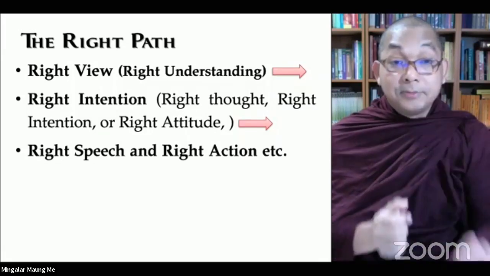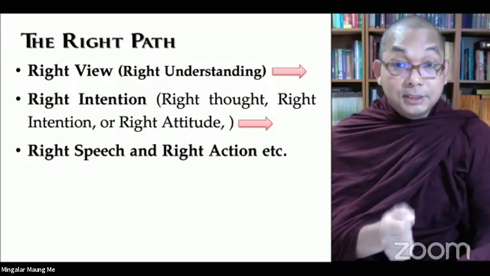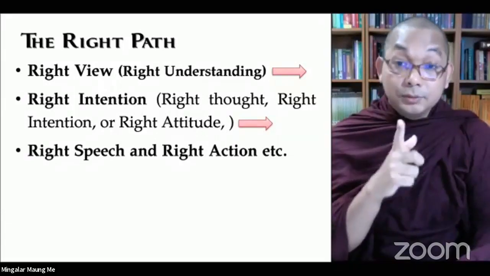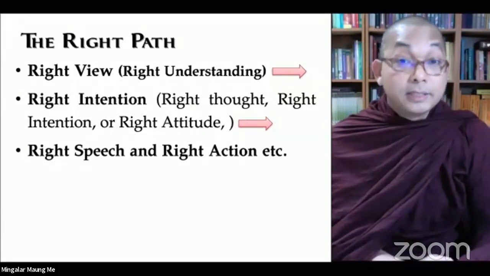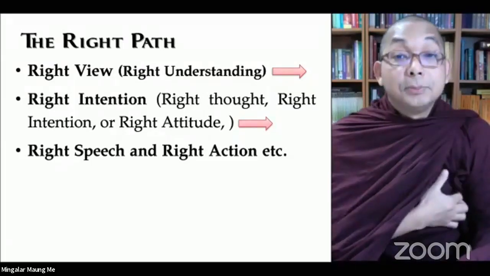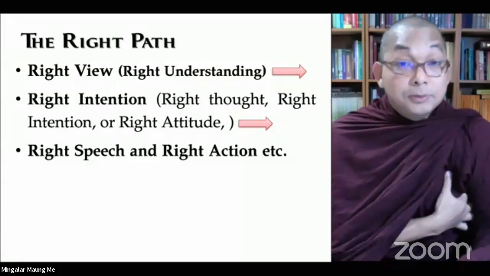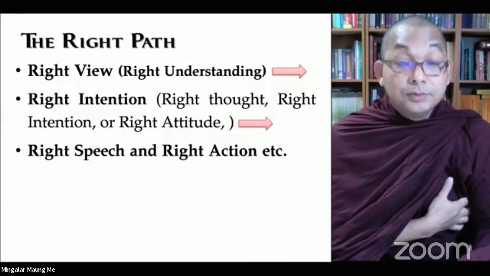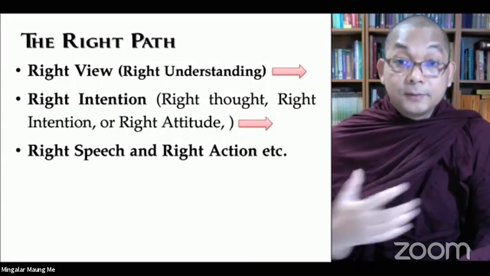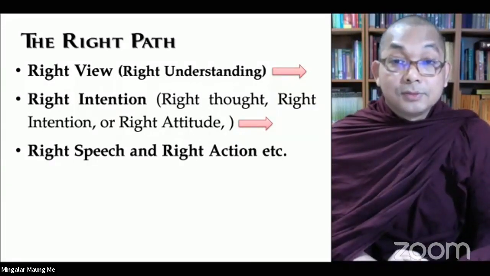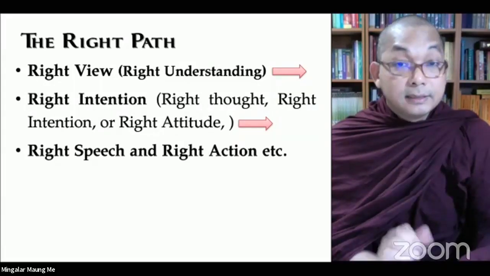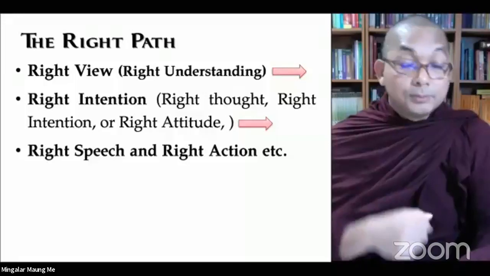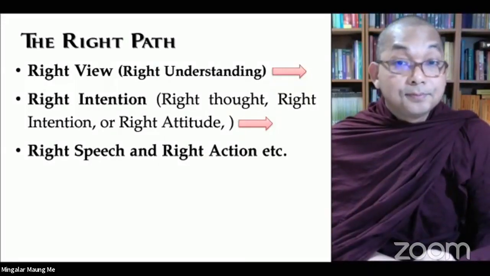That means if you have wisdom about Ahetuka Cittas, then your attitude, your thinking will change. If your attitudes are right, you will say right things, you will act rightly. For that reason, understanding Ahetuka Cittas is important. Then I think we have to reflect.